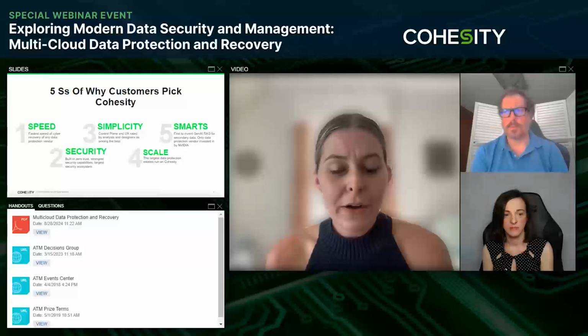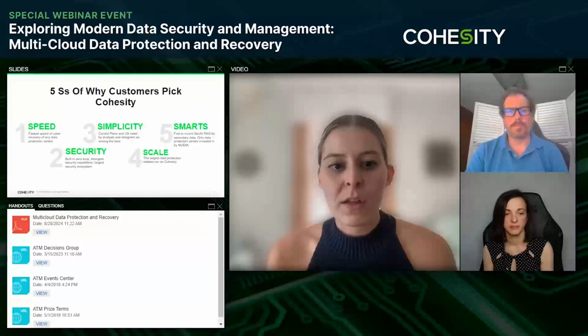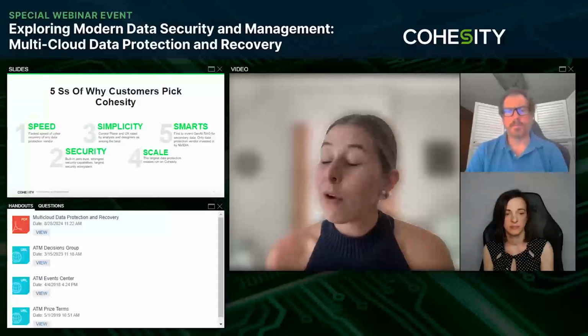Restore is just as easy as one click. Scale, something else that I mentioned is really important. And lastly, smarts or insights. This is something we're going to talk about in our last series, but our Gen AI capabilities are really unique and enable individuals and teams to gain insights from their backup data.